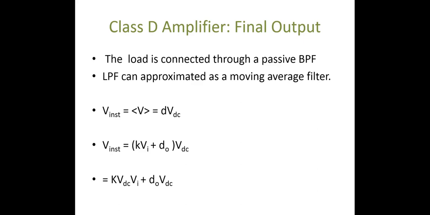Now the load is connected to V naught through a band pass filter, and the band pass filter can be decomposed into two blocks, a high pass filter and a low pass filter. So first let's have a look at the behavior of the low pass filter. A low pass filter can be approximated as a moving average filter, because when you take the average of a waveform over a certain period, the high frequency components are cancelled out.